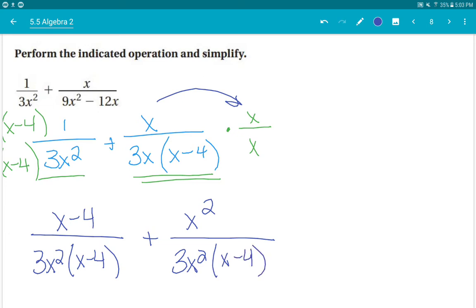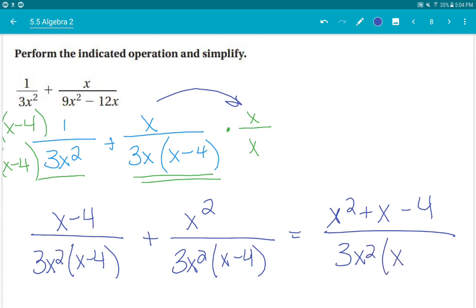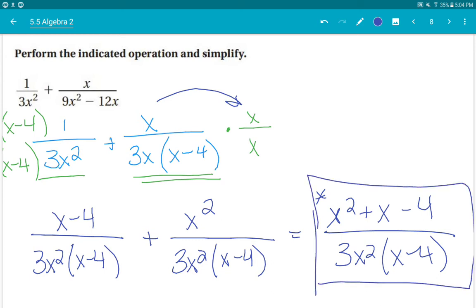Now we add the numerators, which gives me x squared plus x minus 4 over 3x squared times x minus 4. This numerator does not factor, so this is going to be our final answer: x squared plus x minus 4 over 3x squared times x minus 4.